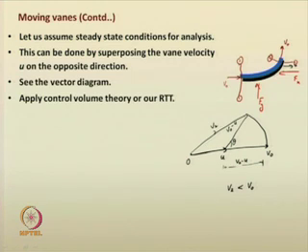What is the relative velocity now? The relative velocity, I can write in terms of an equation: V r is nothing but equal to V 0 minus u, isn't it? So, the same quantity will appear both in the inlet and outlet.